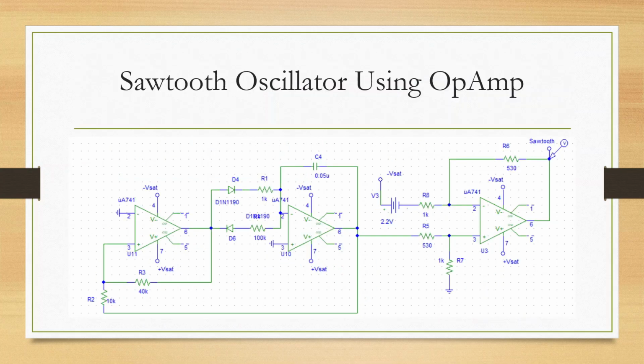Now, the first part is the sawtooth oscillator, and we are using op-amps only to make the sawtooth wave. Here, there are three op-amps, and the left two op-amps we use for the oscillator, especially the sawtooth waveform. And to shift the waveform to a certain level and an offset, we use another op-amp, the third op-amp.